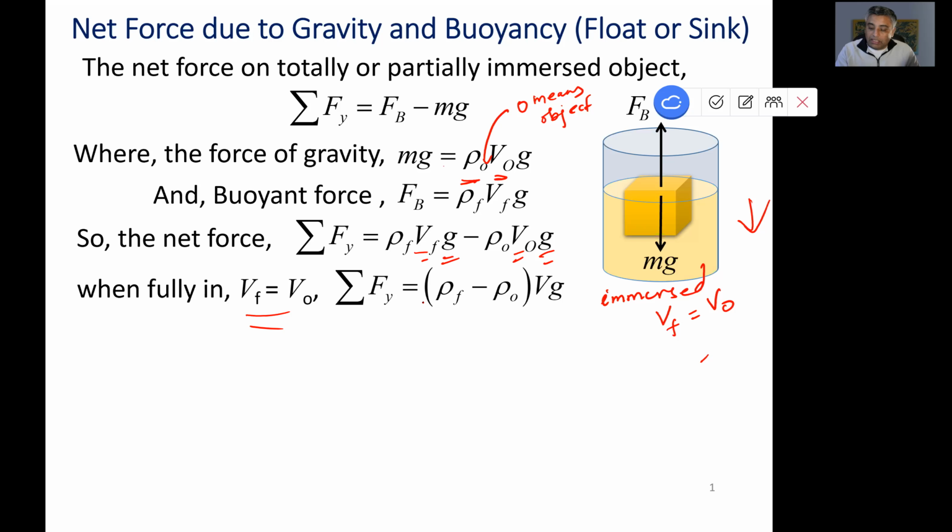Depending on which way we choose positive, Fnet has to be positive or negative. And here we are writing FB as positive, which means we are choosing up as positive y, right? That's what we chose. So that means Fnet is down, or I should say negative.